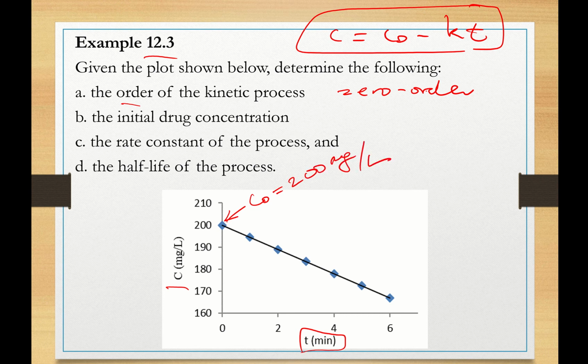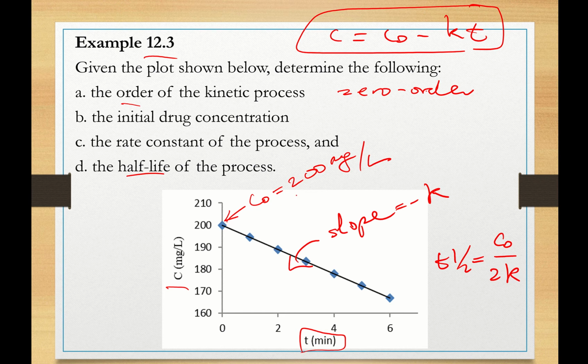The rate constant of the process is the slope. Remember, slope is equal to negative K, and that is the rate constant of the drug. And for the half-life, we have the equation, that should be C0 over 2K.